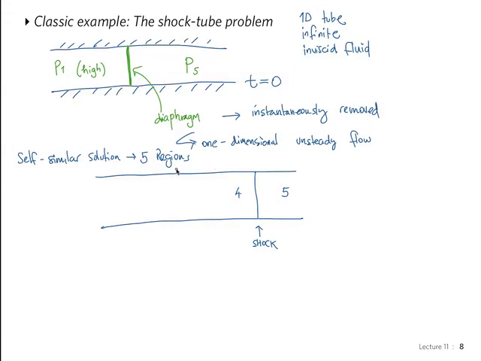You're going to have also a region 1 over here, and regions 1 and 5 basically have the states which correspond to the left and right side of the initial states.